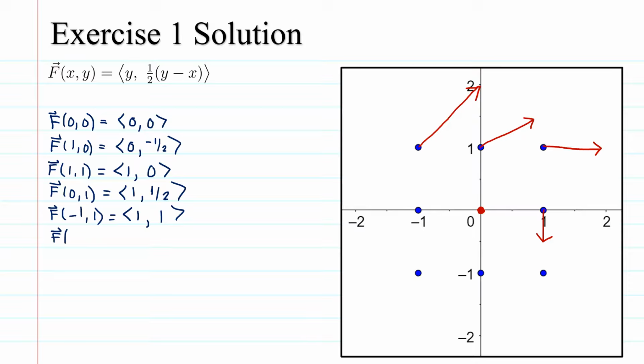So yeah. Next, f of negative 1, 0 is 0, 1. So from negative 1, 0, 0, 1/2. So 1/2 unit upward.